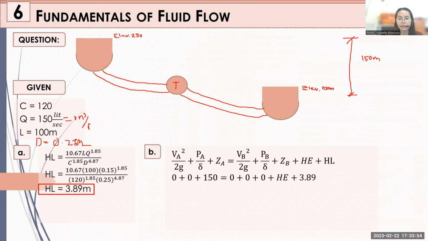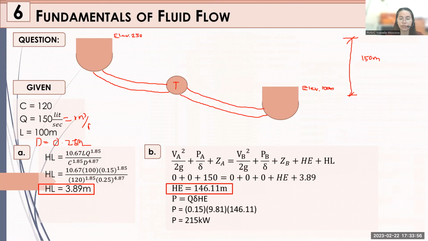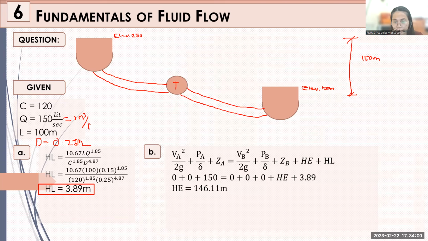For letter B, let us solve for the value of your head extracted. Why do you see all zeros here? Why are the velocity head and the pressure head at point A and point B equal to 0? Think of it this way: since we are solving for a reservoir or dam, the velocity of the flow of your fluid is negligible.